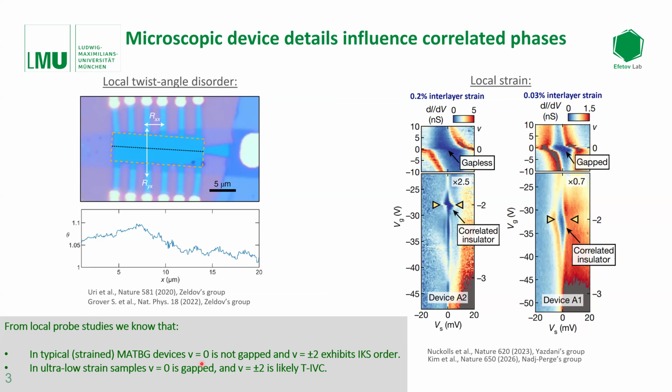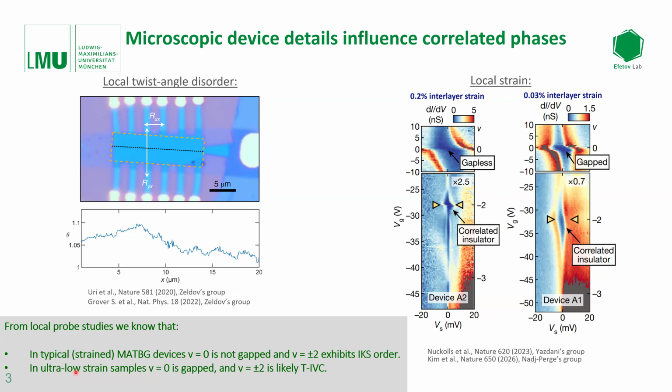And I think if you look at literature from local probe studies, again, mainly performed by the STM groups like Ali Yazdani or Stevan Nadj-Perge, in the typical strained devices, what one typically observes is that filling factor 0 is not gapped, and filling factor ±2 exhibits IKS order, which has been resolved as a breaking of the symmetries on the graphene lattice.